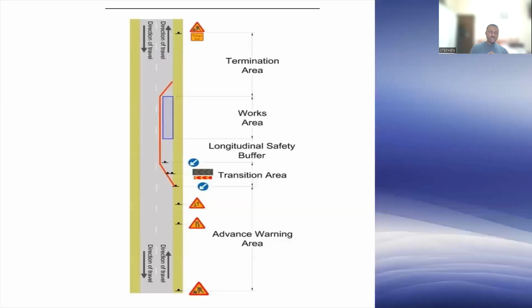So what I have here on the screen just reflects what I said. This is just a typical pictorial example of what happens when there is construction work activity within the road and they have to divert the traffic. Okay, so you see there's signage, there's a barrier that will begin to give this advanced warning sign.